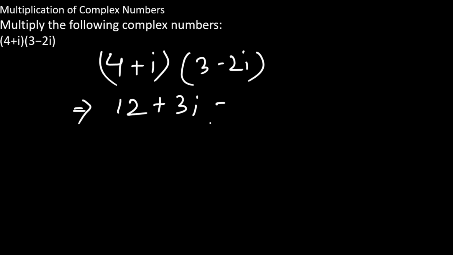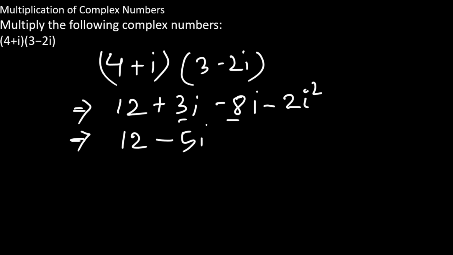It's a plus and minus, so it gives me a minus value. 4 times 2 equals 8i, and here also plus and minus, so it will give me minus 2i square. So we get 12, positive 3i and negative 8i, so minus 5i, minus 2i square.